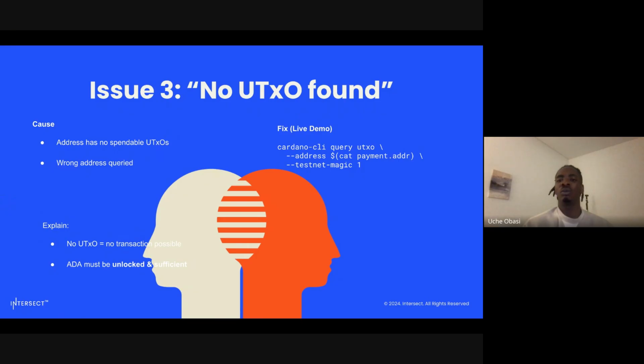By running this command, it tells you, oh, in this particular address we have some ADA here, or if it's a wrong address, it tells you, hey, this is a wrong address. So for issues like this, you can run this command. You don't have to worry.